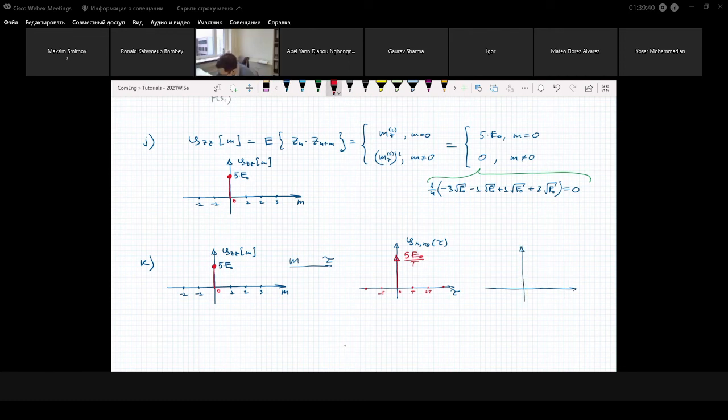It's just a line that goes through the point E0 over capital T. This is our power spectral density in the frequency domain. We get it by Fourier transform. Nothing special. And finally, we come to part L.